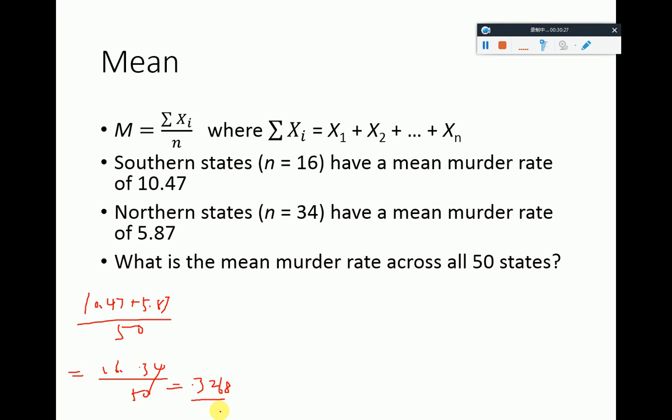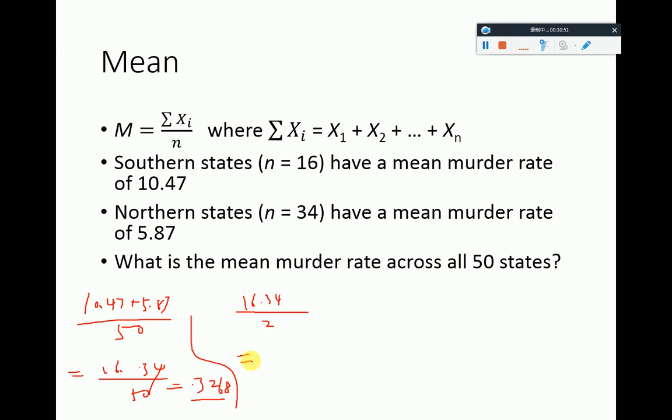Or you say, Andrew, that doesn't look right, because we don't really have 50 scores here. We only have 2, right? This is the first x, this is the second x. So we shouldn't divide the sum, which is 16.34, by 50. We should divide it by 2.